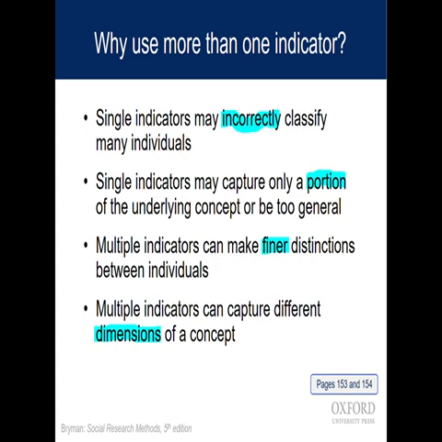Multiple indicators can make finer distinctions between individuals. Think of it like a scale, like a ruler: if you ask more questions, then you can measure more accurately than, say, just rounding off to the nearest inch. If you have a lot of questions, you can get it down to the closest 1/16 of an inch.